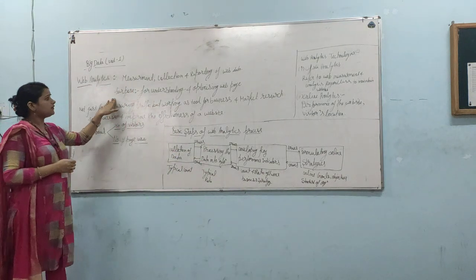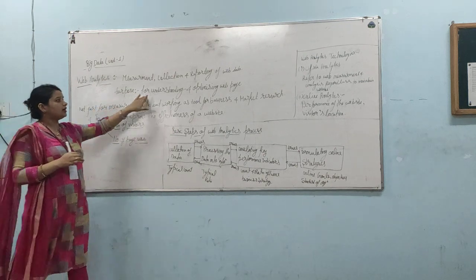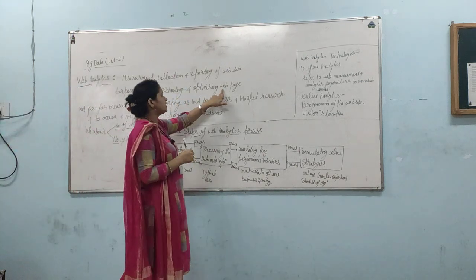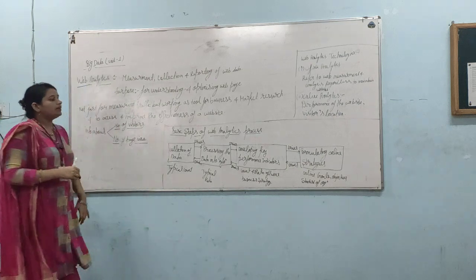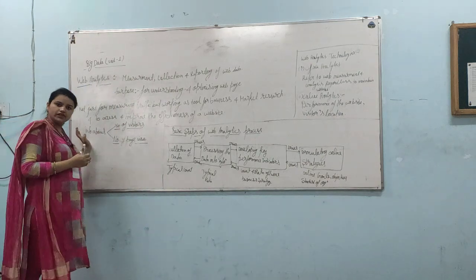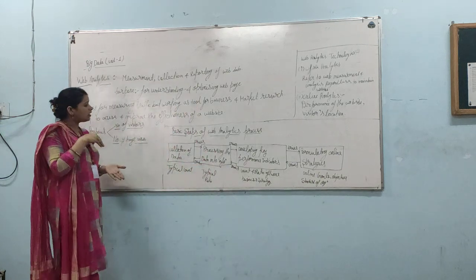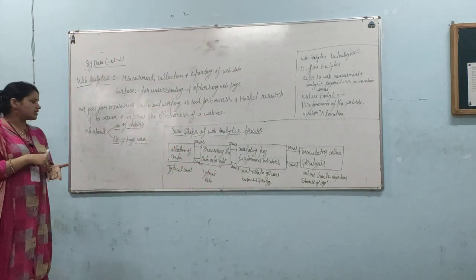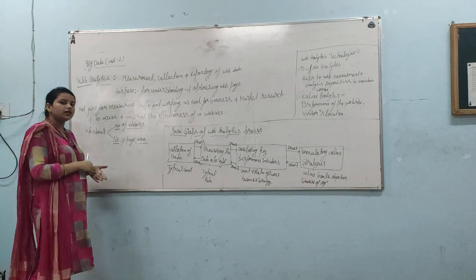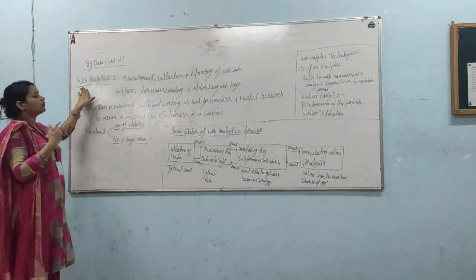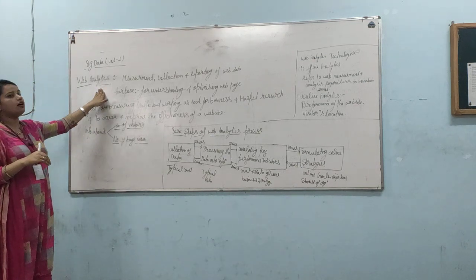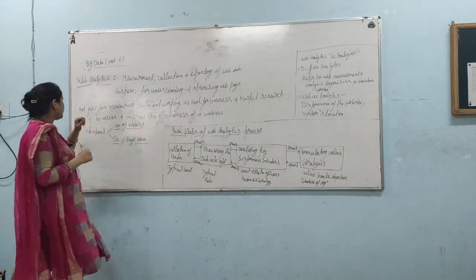Its purpose is understanding and optimizing the web page: how many visitors are coming to your website, what is the count, the number of visitors, the number of page views. You can find this out using web analytics.